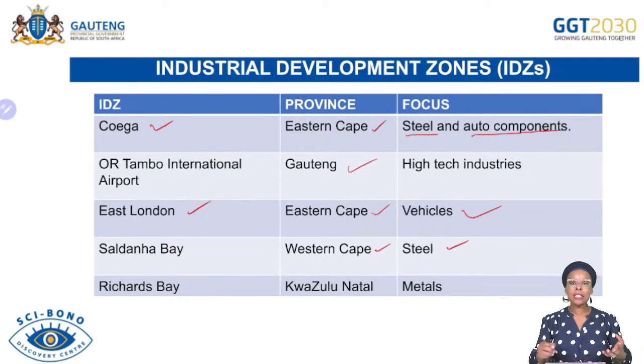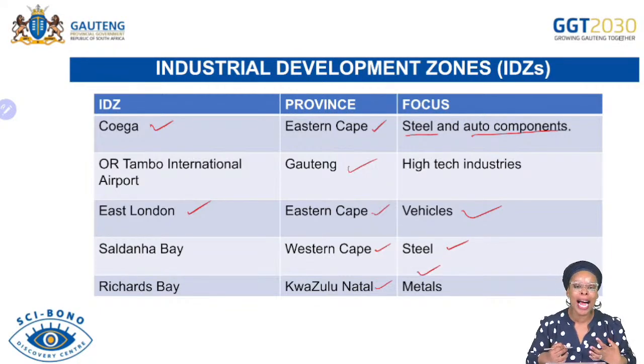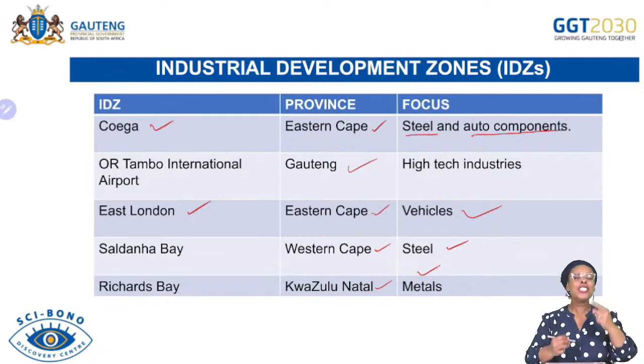Lastly, we have Richards Bay IDZ, which is found in KwaZulu-Natal, and it focuses on metals. These IDZs are no longer called IDZs. They've been converted into SEZs. Let me simplify it by just saying they have been converted into special economic zones.